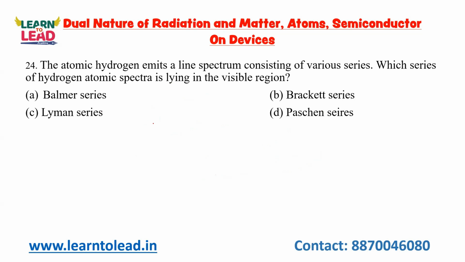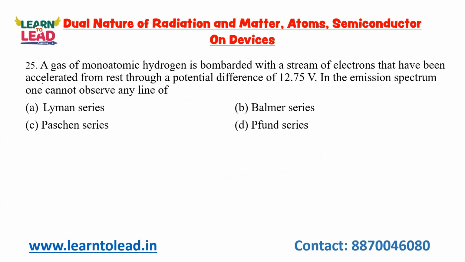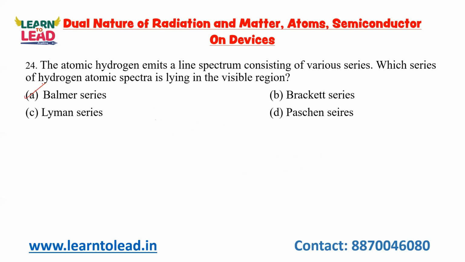Next, the atomic hydrogen emits a line spectrum consisting of various series. Which series of hydrogen atomic spectra is lying in the visible region? Only the Balmer series is lying in the visible region. Next, if Balmer series is the visible region, in which regions do the other series come? Do you remember?